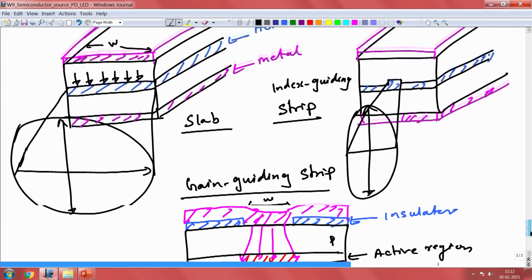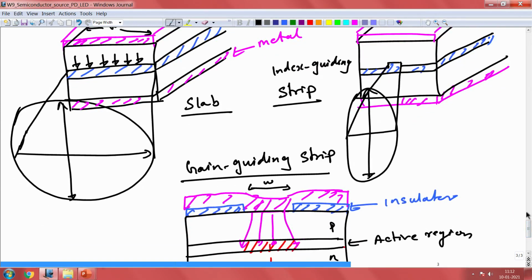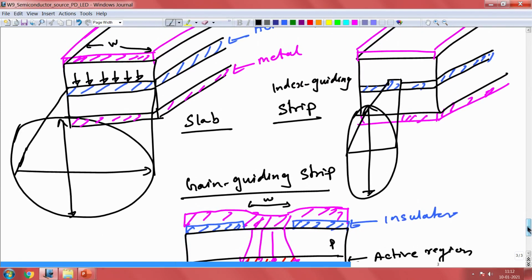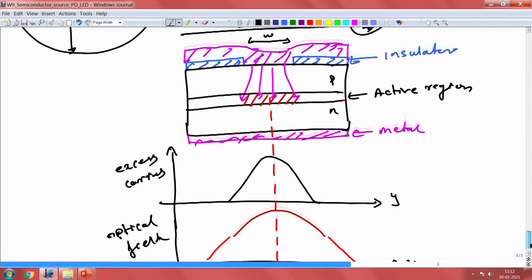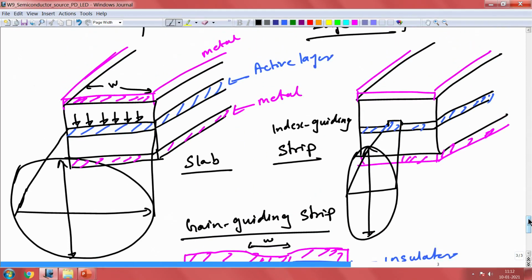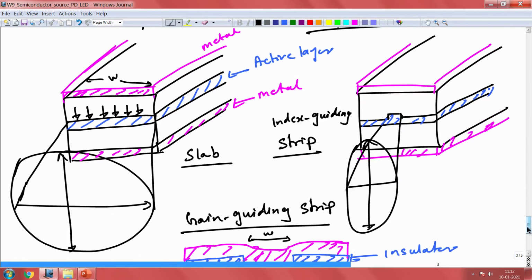We can make various forms of index guiding, right. In fact, we can completely remove the shoulder regions here, that is also possible. Various configurations one can think of, but as a simple structure, your ridge could be used as index guiding. Another important thing to notice here is the edge emitting output, right. There are two angles associated with this, right.